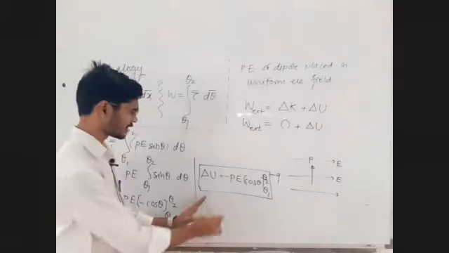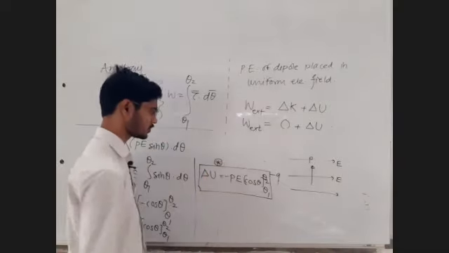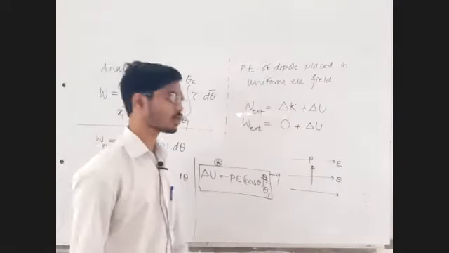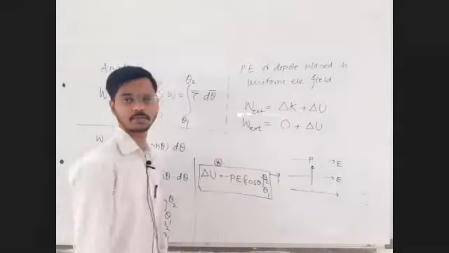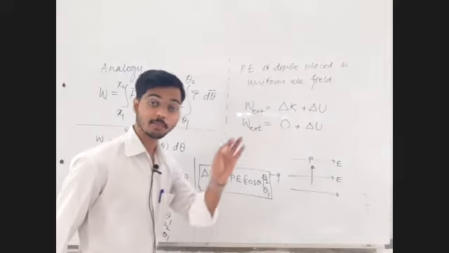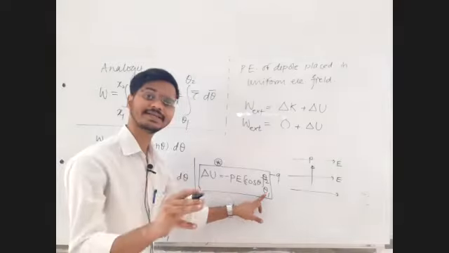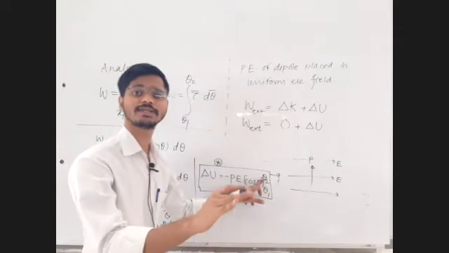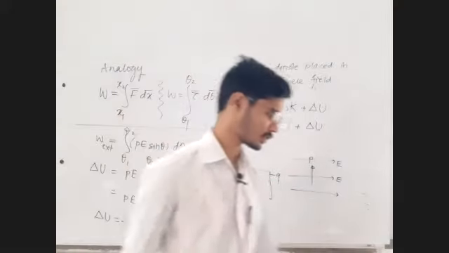And if you remember this formula, there will not be any problem. If you are asked for potential energy change, just go for this formula. If you are asked for exact potential energy at a given position, take the initial position as 90, take the given position as the final position, and find out the potential energy of the final position. Okay, that you can always do.